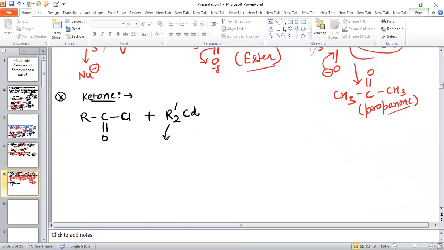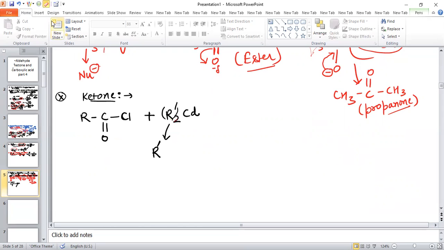Basically this R group, which is R dash, is not R2; it is R dash twice, so the atomicity is 2.